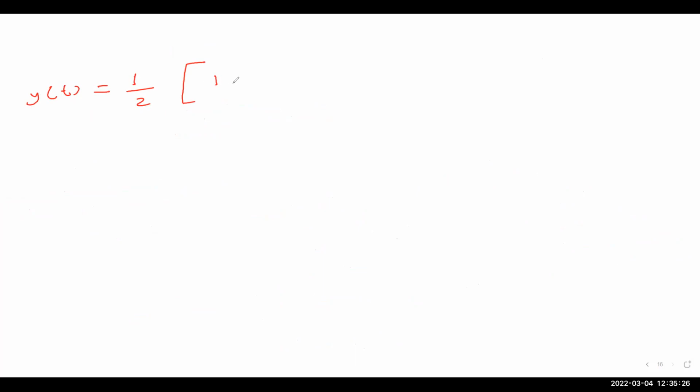Once you compute 1 over square root of 1 minus theta squared, it will give you 1.026 e to the power, here we have to write minus theta omega n t.